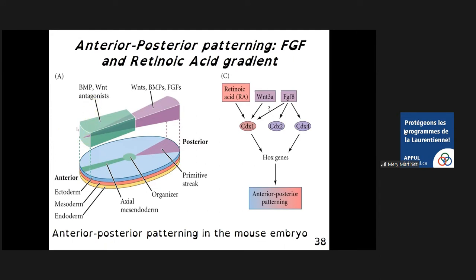So we have right there a gradient. And retinoic acid also plays a role in the posterior part of the embryo, activating some genes that determine the posteriorizing section of that embryo. And then we have that anterior-posterior axis.